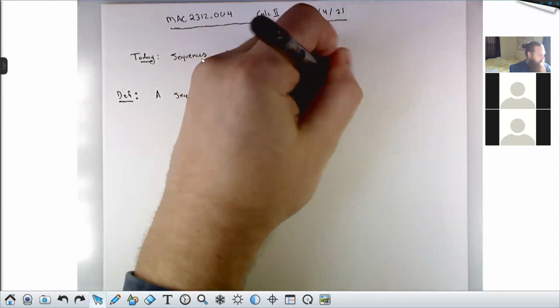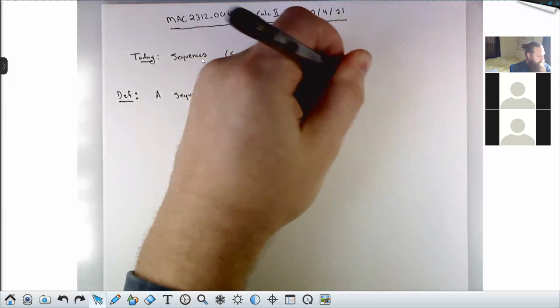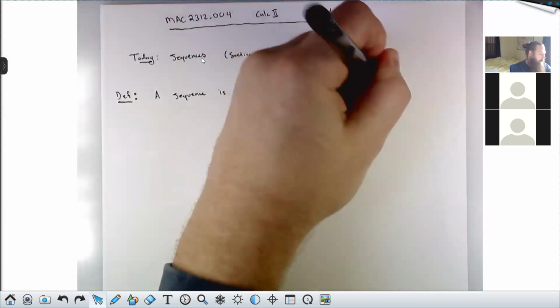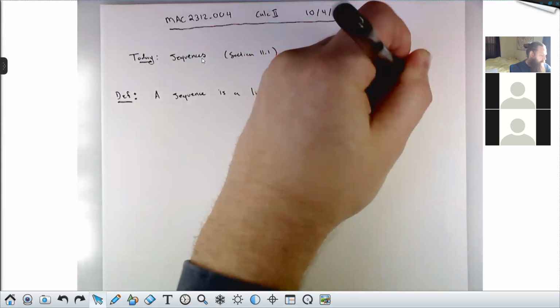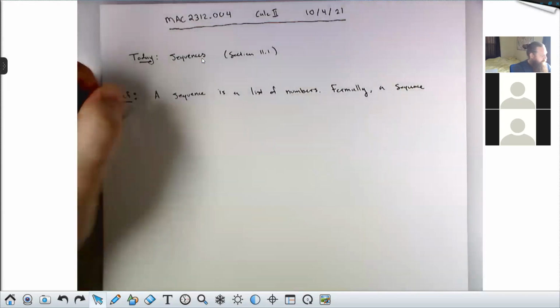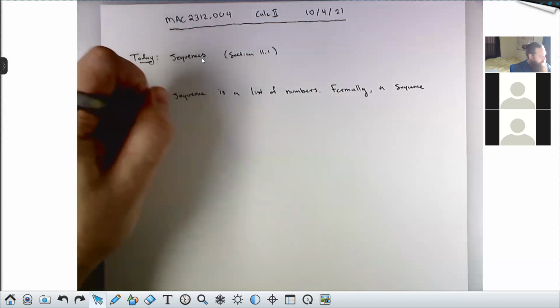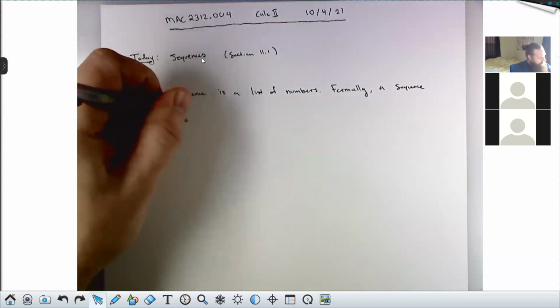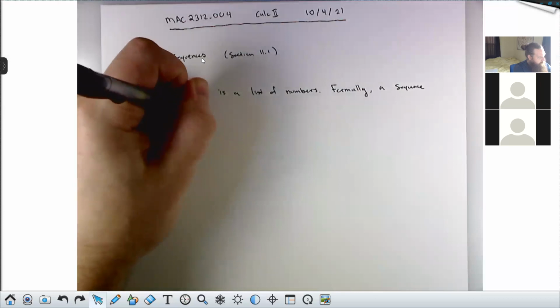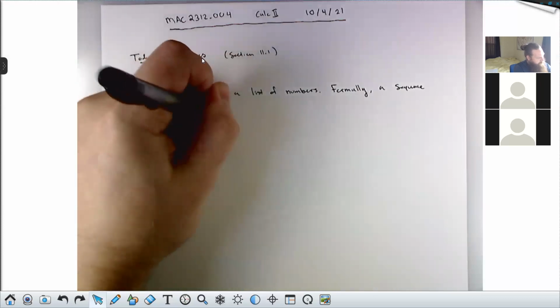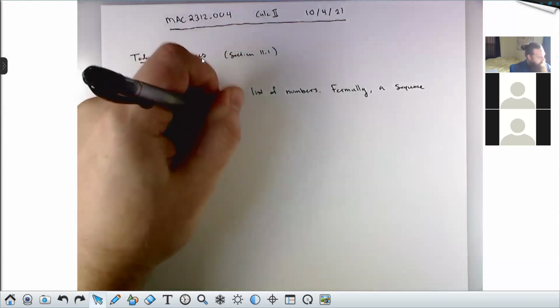Formally, a sequence is a function from the natural numbers for us to the real numbers.